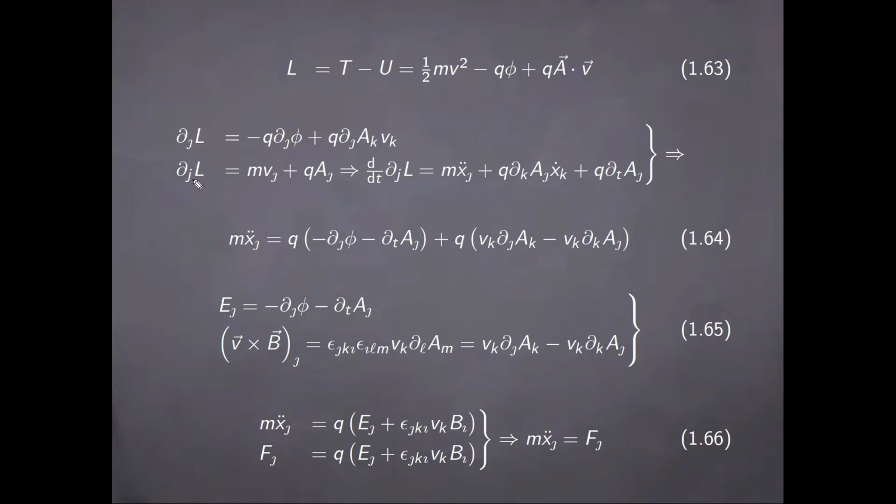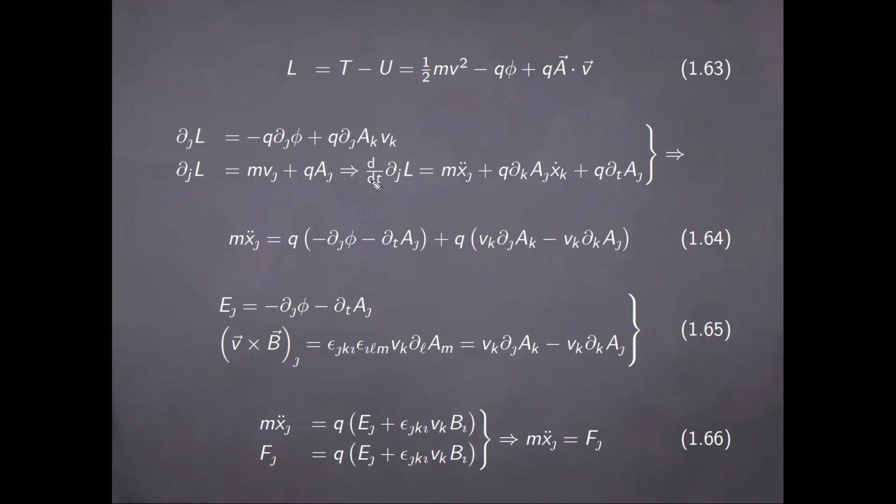If I now take the derivative with respect to velocities, I will retain a term from the kinetic energy, and then I also get a term from the dot product here. It's obvious that I'll end up with a contraction on the velocity, so then the delta symbol and summation over the k index will leave the j component of the vector potential standing.